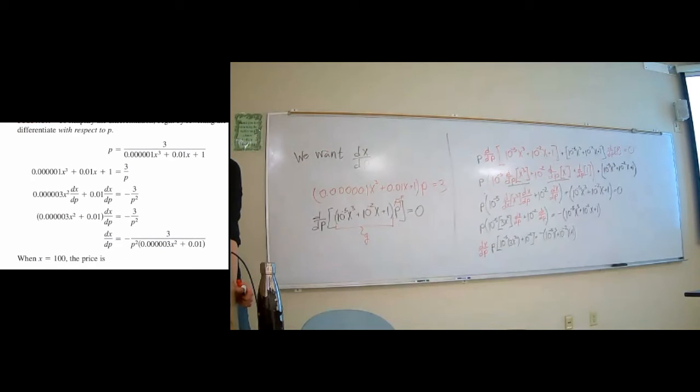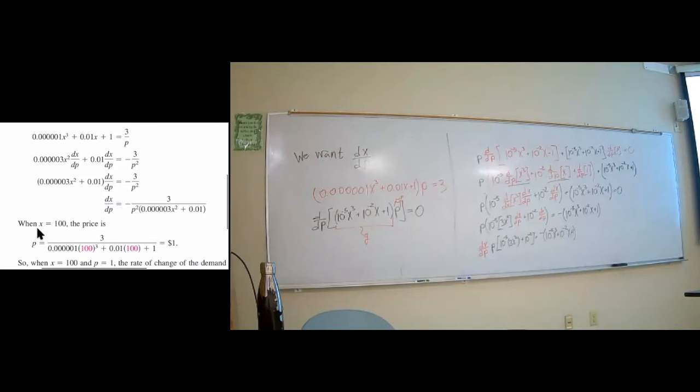And what that allowed them to do was to shrink some of the math. Right away, they get everything in terms of dx/dp, right? Each of their terms have dx/dp, and it's equal to the negative of 3 over p squared. So you can factor out the dx/dt and solve for it directly.